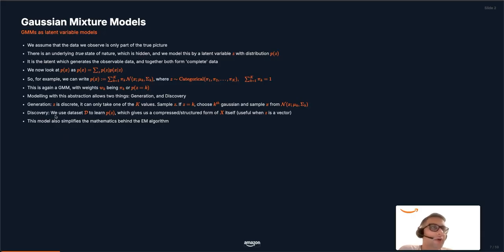Similarly, you have the idea of discovery. Suppose you have a data set D of x's, you may want to learn a latent variable corresponding to those.